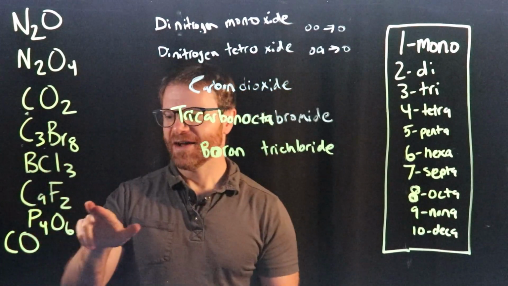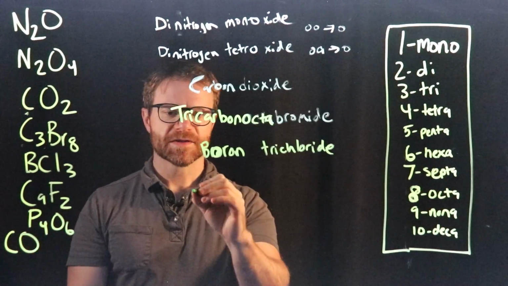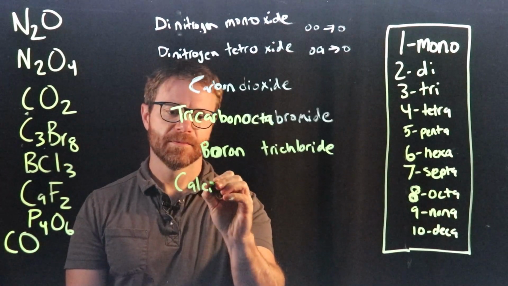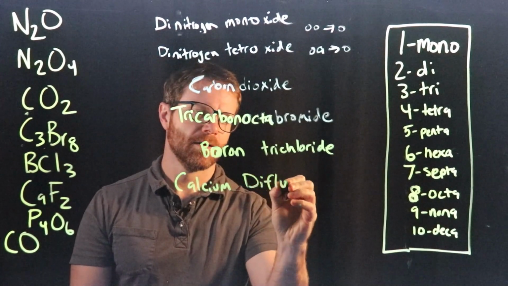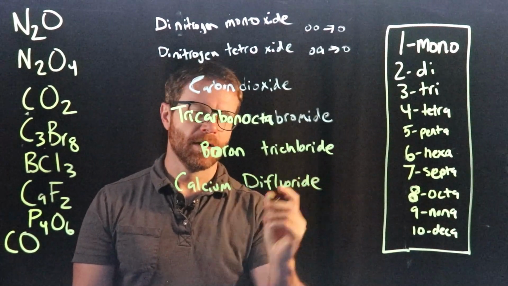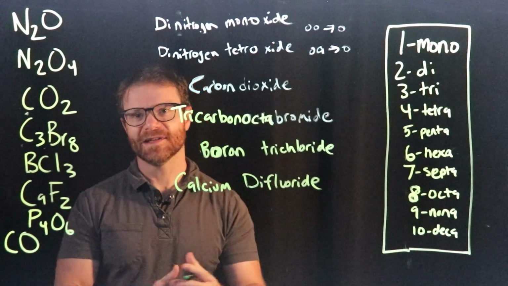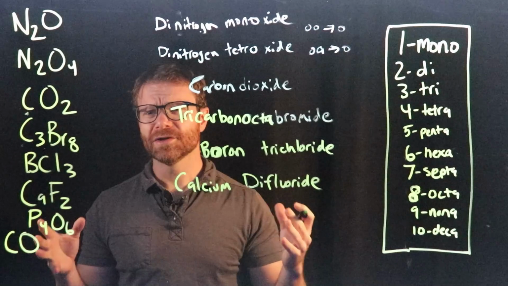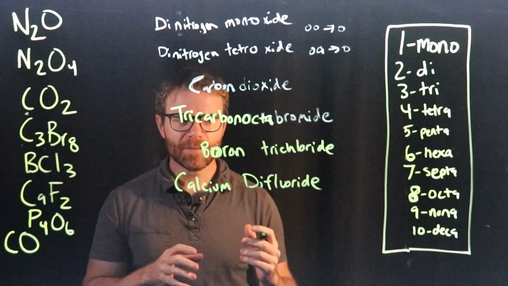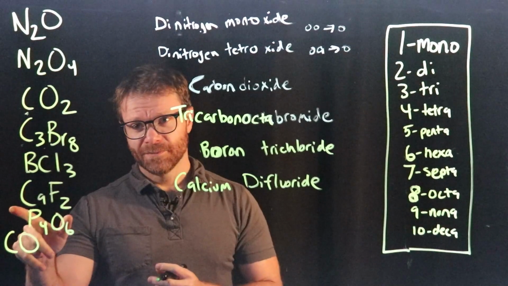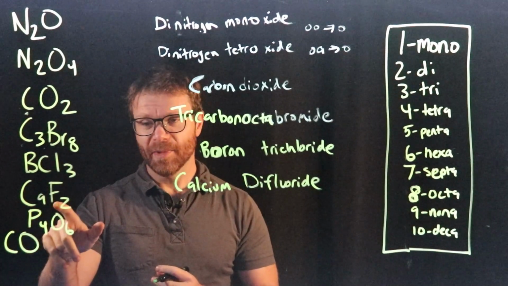Next one down, calcium and fluorine. 1 calcium, 2 fluorine. So I'm going to call this calcium difluoride. And would you believe that I made another mistake? This one's actually a really tricky one. I threw this in here just to kind of mess with us. Calcium is a metal and fluorine is a nonmetal.